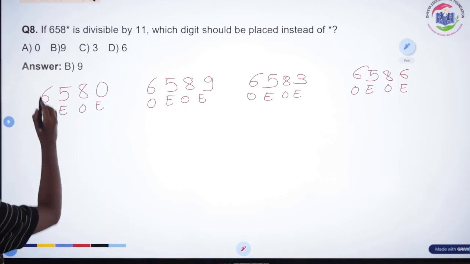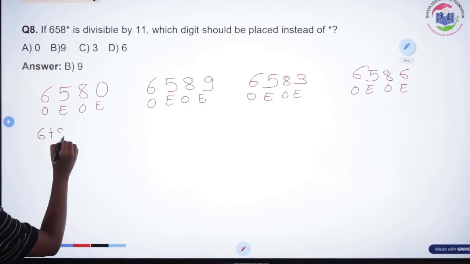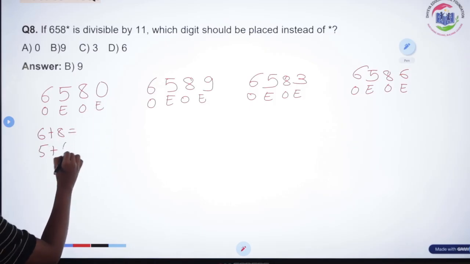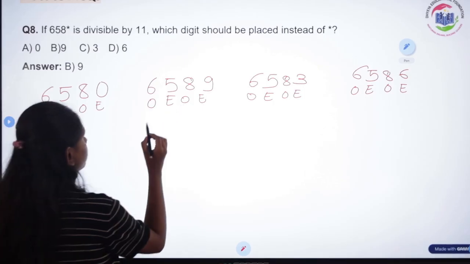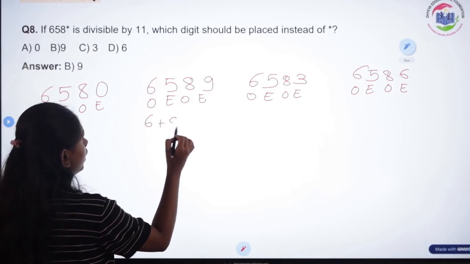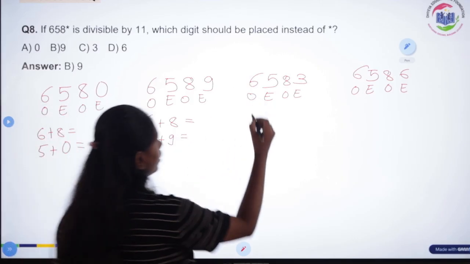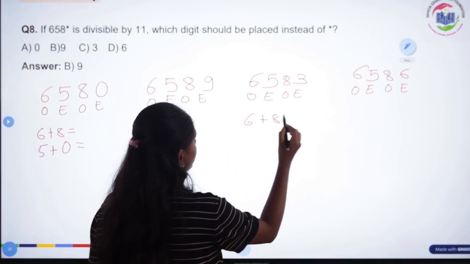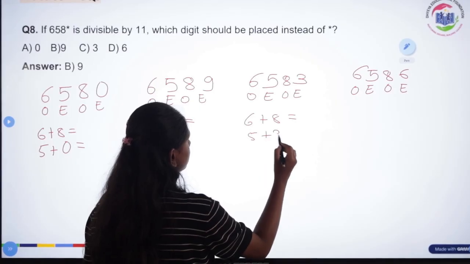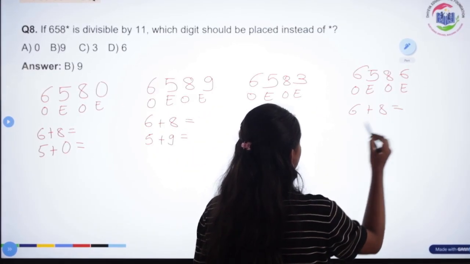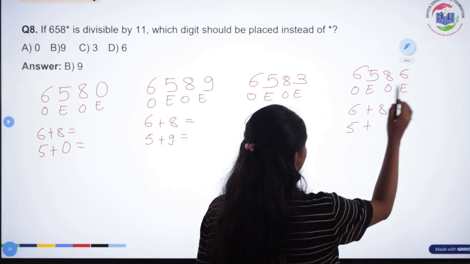So first, 8 plus 6 and 5 plus 0. The next number, 6 plus 8 and 5 plus 9. The next, 6 plus 8 and 5 plus 3. The next, 6 plus 8 and 5 plus 6.